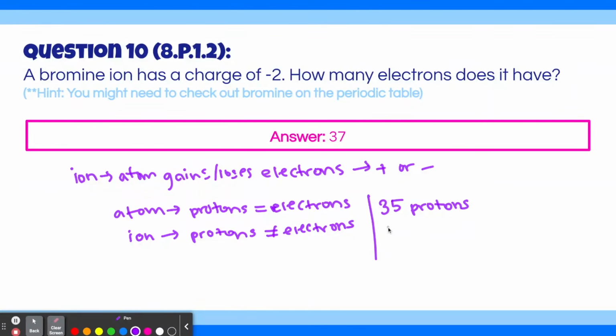So if a normal bromine atom has 35 protons, it also has 35 electrons. But because this bromine atom has a charge of -2, it would need to gain 2 electrons because electrons are the ones with a negative charge. So if it normally has 35 electrons and then it gains 2 electrons, that's how we get to 37 electrons.